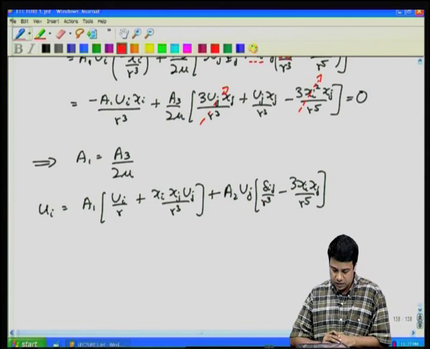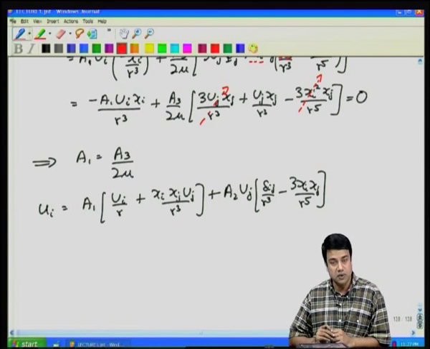Okay. Let us just write this in a slightly different form. Okay. There are two components here. One is proportional to u_i or delta_ij u_j, the other is proportional to x_i x_j u_j, that is x into x dot u. Okay.